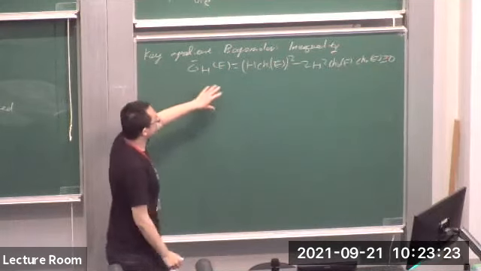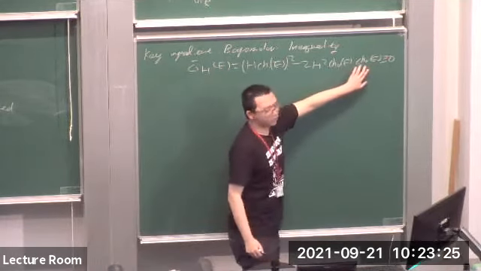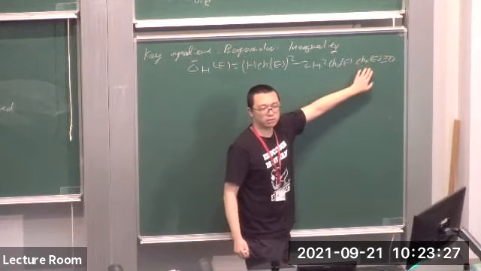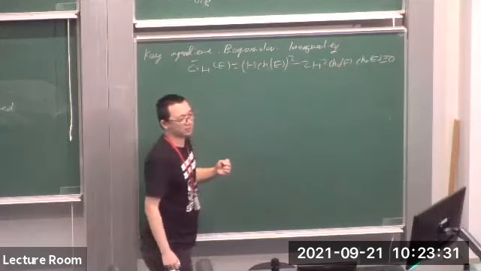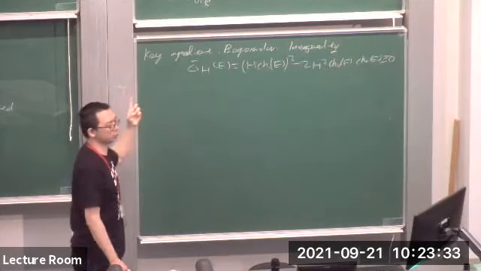And we have some information about ch_2 here, so that's why we can use this to show the stability condition really exists, and the kernel is trivial.